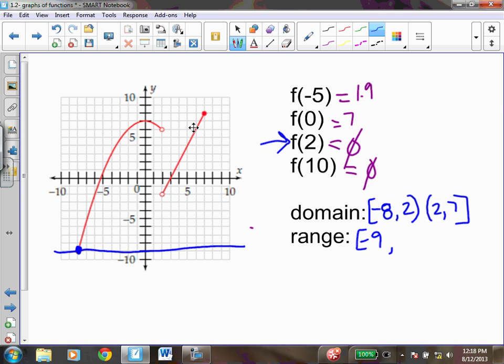I want to see if there are any places where I don't have a y value. And if I follow along, it looks like every y value is covered all the way till I get to 8, right here. So the range was simple: -9 to 8 inclusive. And again, I looked at the y values because I'm talking about the range.